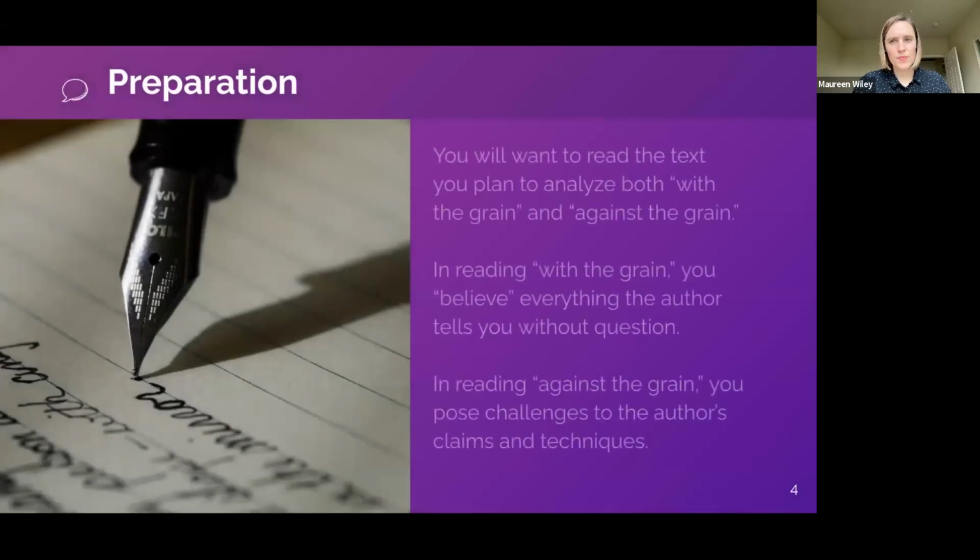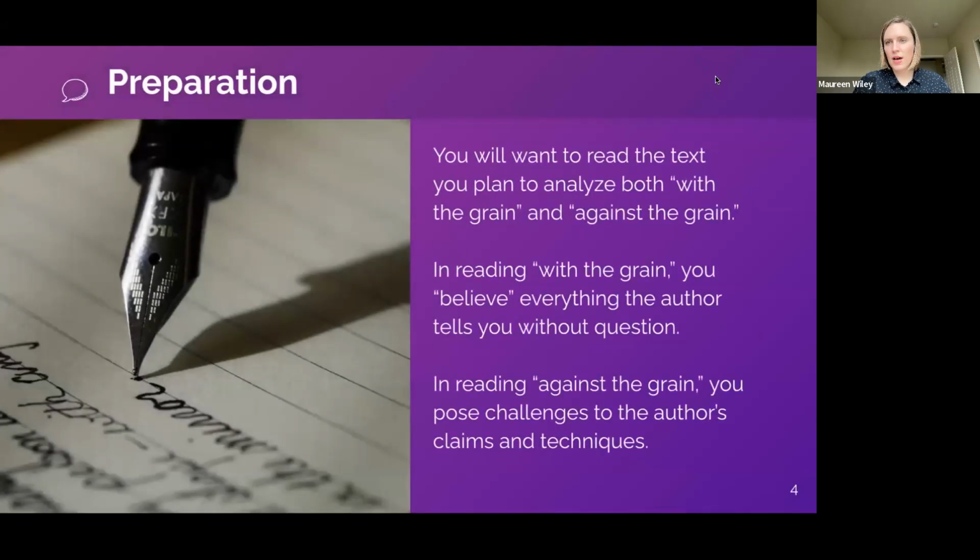So to prepare, you want to read the text. Obviously, we have to have read the text before we can perform an analysis of whether or not it was successful. And then you plan to analyze both with the grain and then against the grain. If you're reading with the grain, then you believe everything the author tells you without question.